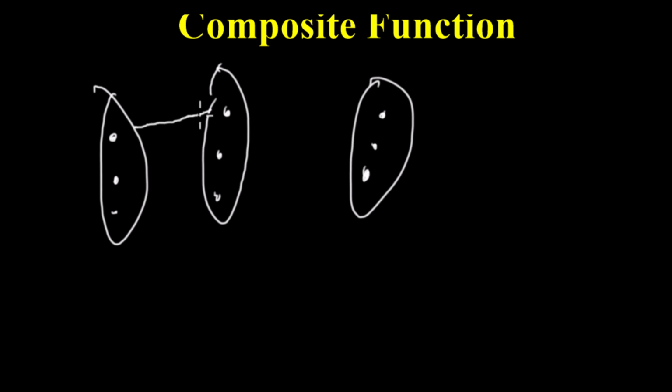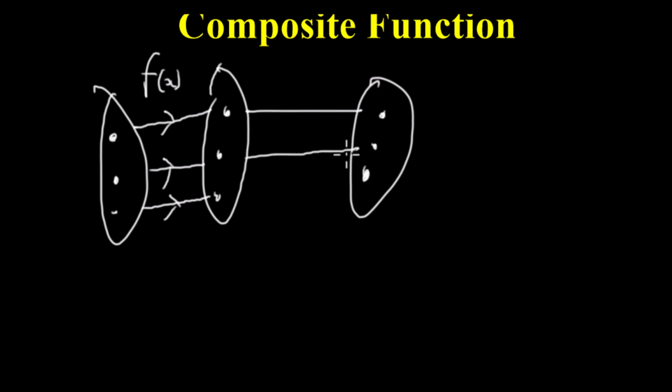So 2, 3. f of x is my rule at the center here, and the output is being mapped out to the input, in such a way that this becomes g of x. So we have something like this.